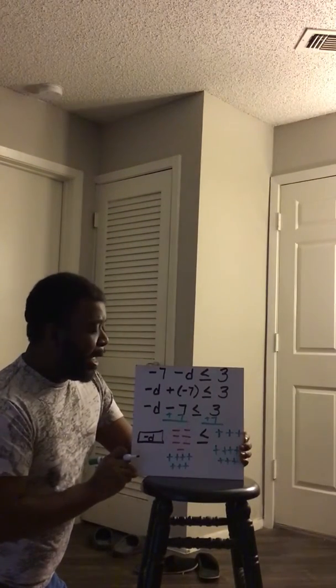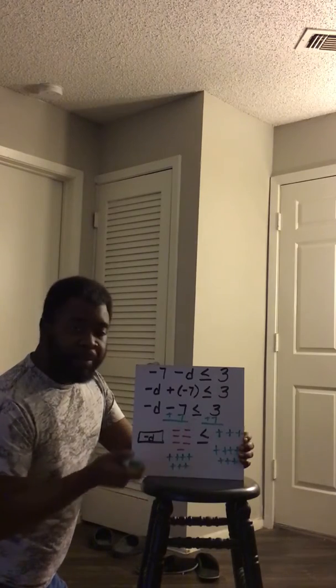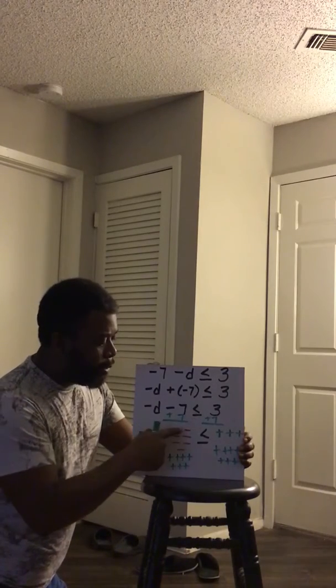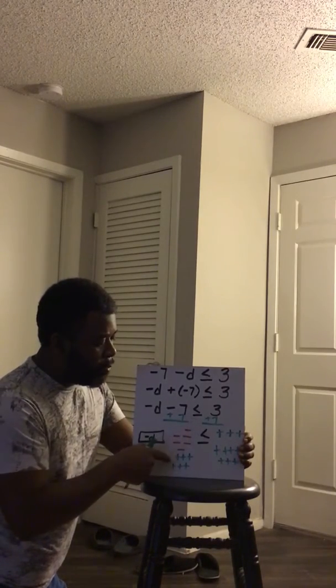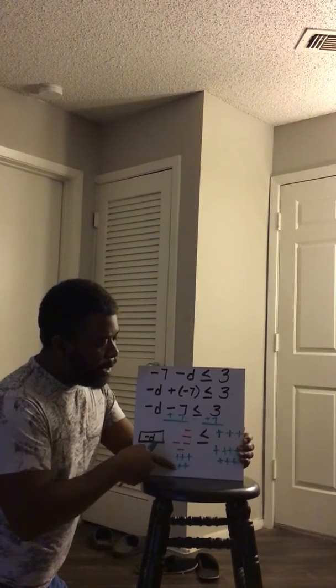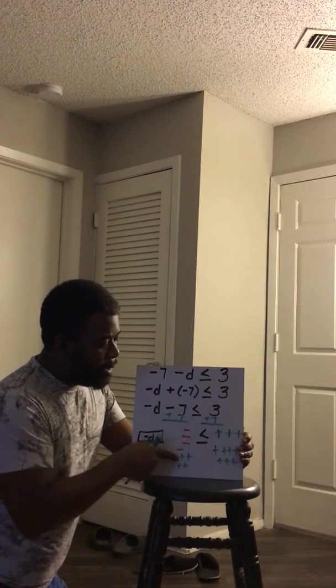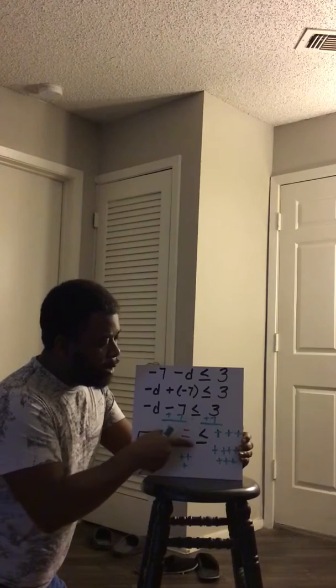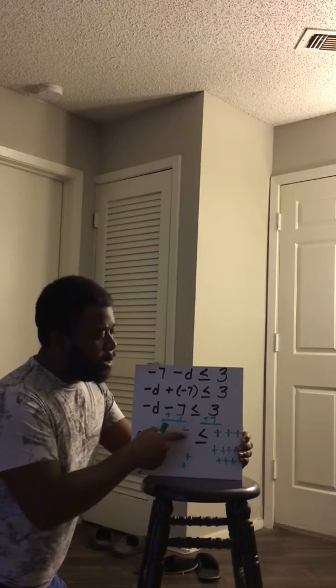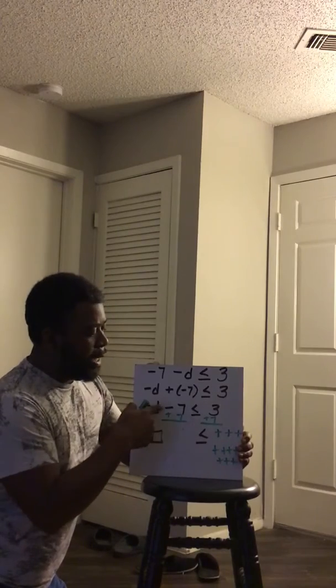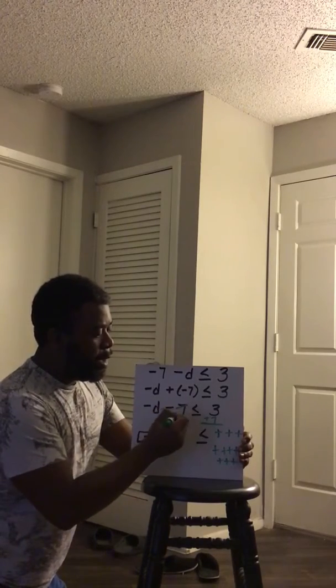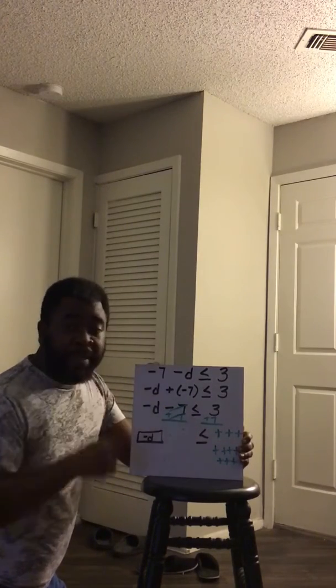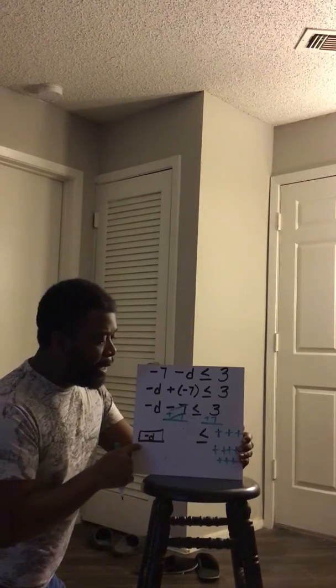Okay? Now, remember, a positive and a negative make a zero pair. So positive, negative. And we know what's going to happen on this side. They're going to go all away, which is the point because we want to get our variable by itself. So negative 7 plus 7, they went away. That left me with just negative d.